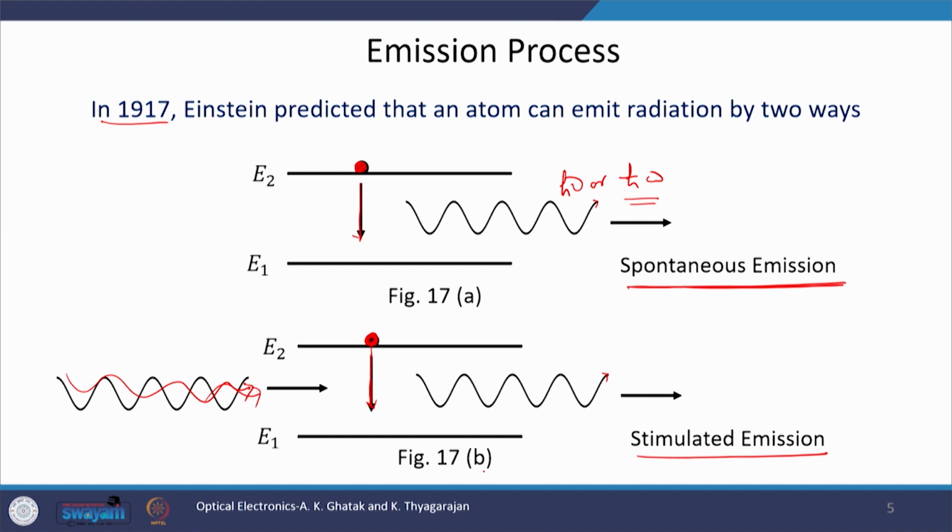Now, this emission happens in the presence of an external stimulus or an external photon, and therefore, this process is called stimulated emission. Okay, it requires an external field or external photon or external radiation. Now, this is the difference between the two. Here we do not require any external stimulus, and here we require.